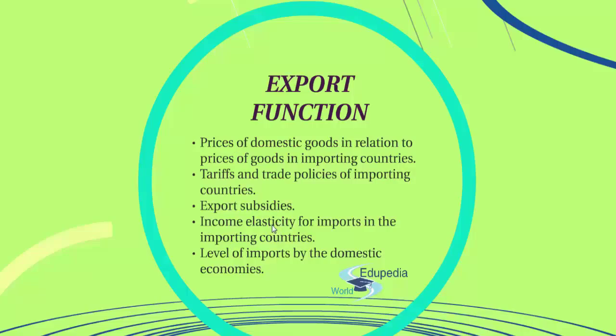So for the purpose of simplicity, it has been assumed that exports are determined by factors which are operating outside the economy, and when we determine the income through this particular model, X, that is exports, is treated as an autonomous variable, that is an independent variable.